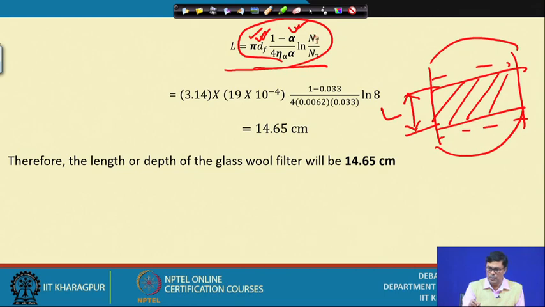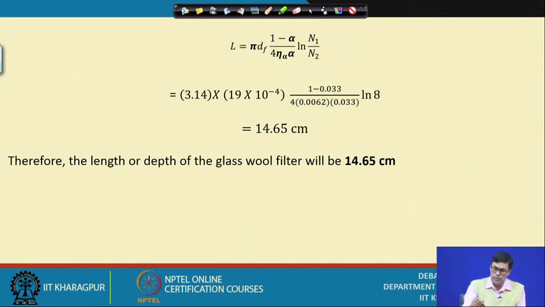N1 is the final cell mass concentration, and N2 is the incoming cell mass concentration. From that we find out the length of the air filter is coming about 14.65 centimeter. So we can easily design the air filter, what will be the thickness to get the desired amount of sterility of the air.